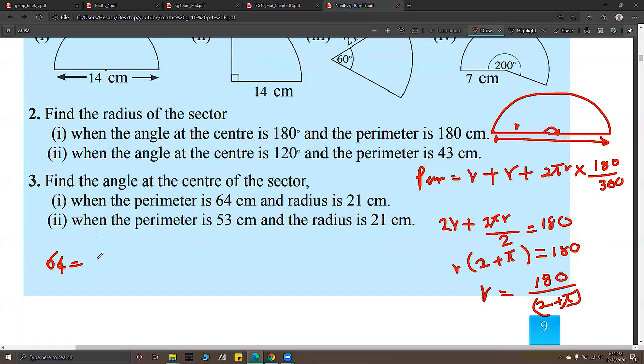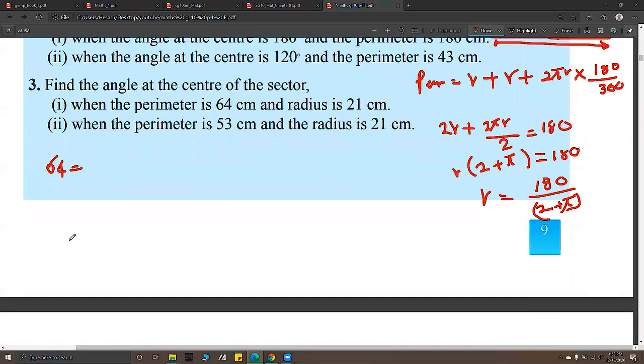So in order to get the perimeter, it will be a circular section like this. You have the radius as 21, 21, and the perimeter is 64. It means this plus this plus this. It means 21 plus 21 plus this unknown arc length.